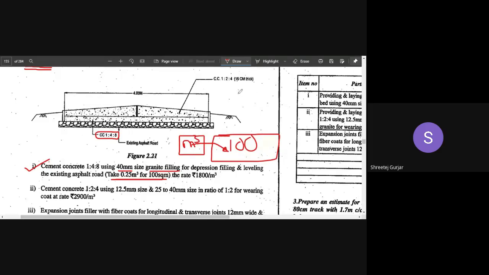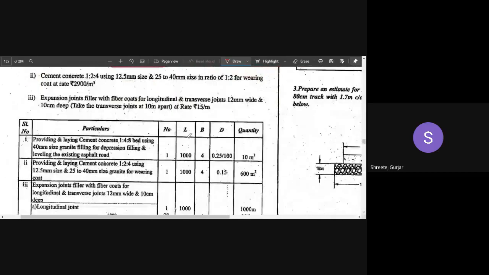Okay, so what is the depth now? Depth is equal to what? This total volume by area. Volume by area. Volume is 0.25 divided by 100. What is the quantity? Can anyone calculate and tell me? What is the depth now? Calculate in centimeter.